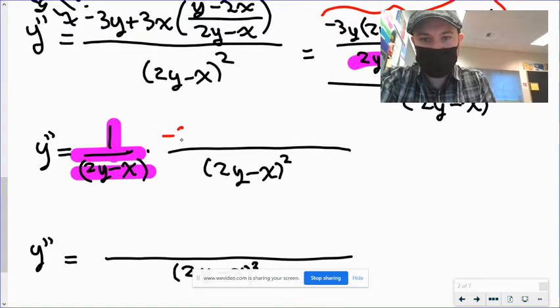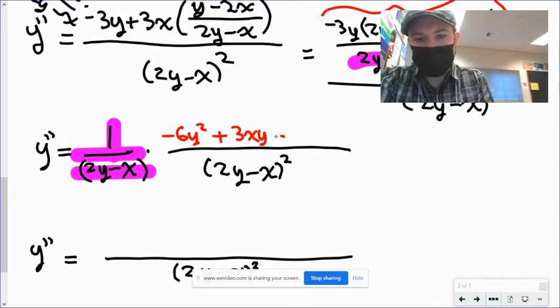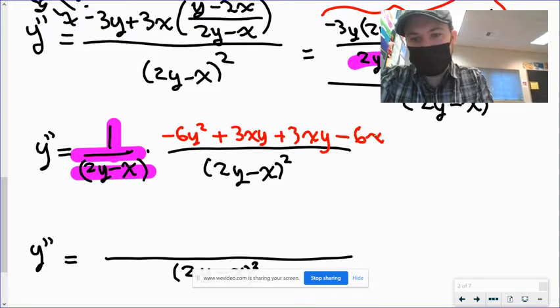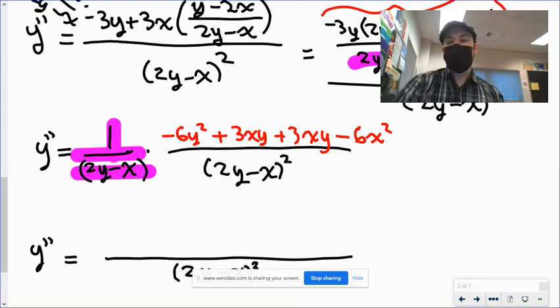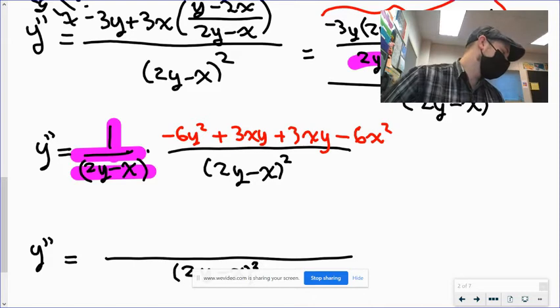I'll get negative 6y squared plus 3xy plus 3xy minus 6x squared. Okay, and this is where we start looking to see how we could keep simplifying. I suppose that could become 9xy in the numerator.